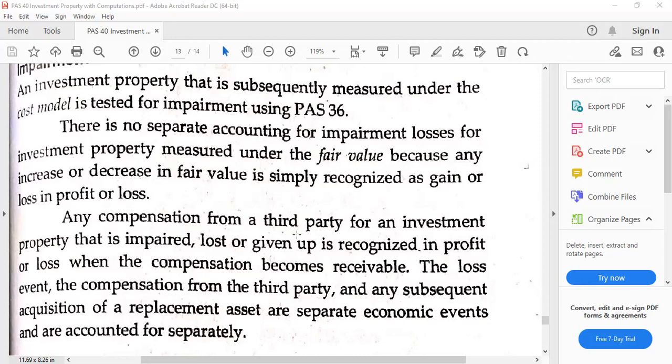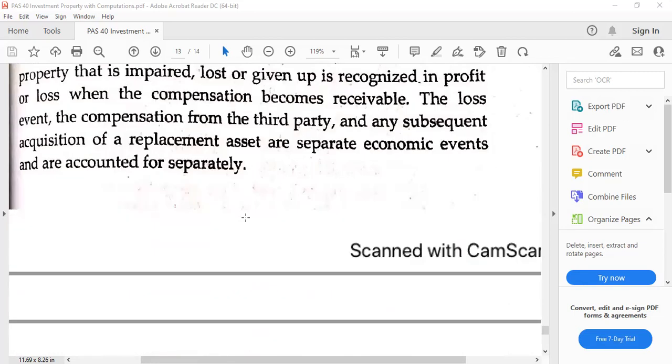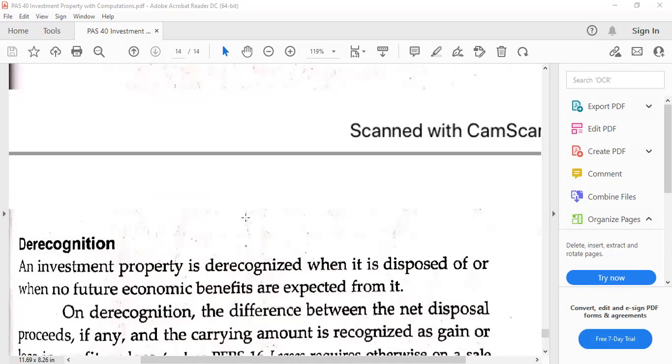So normally we debit, for example, the claims receivable, and we are going to credit claims income or revenue, for example. Then the loss event, that would be another entry. Compensation from a third party, which is what we are talking about right now. So that's another entry. And if ever there would be a subsequent acquisition of a replacement asset, we have to recognize them also separately.